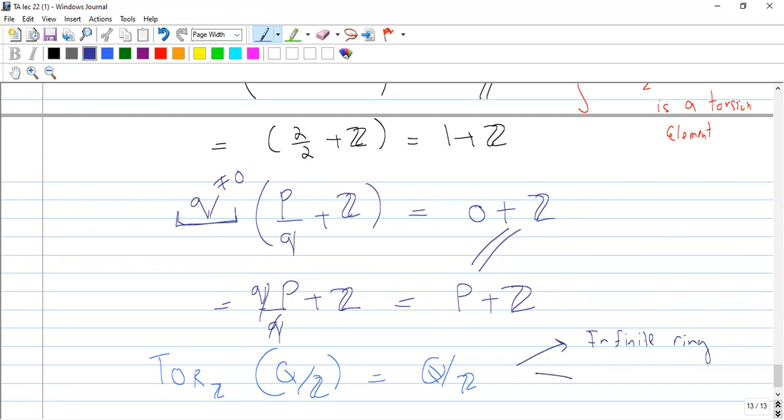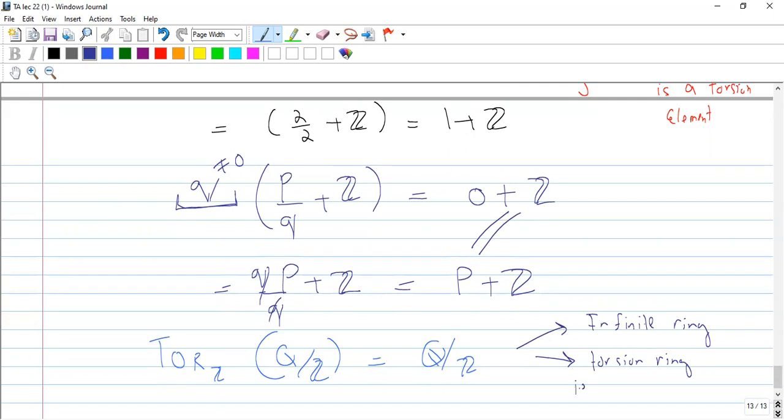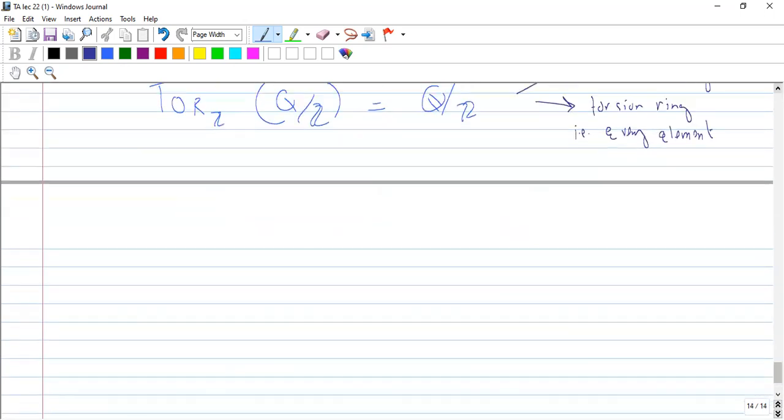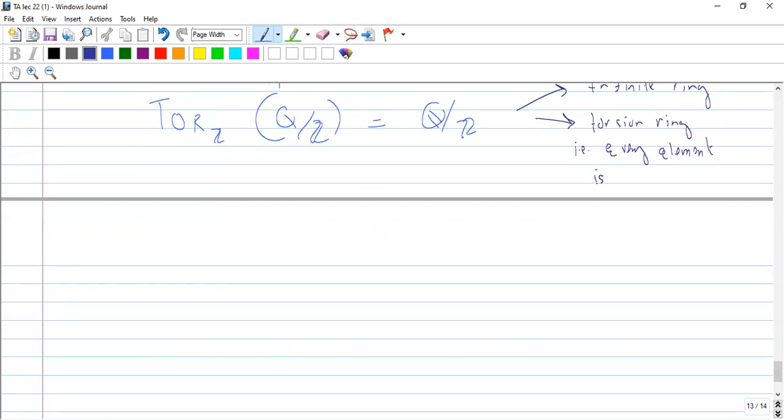But this is a torsion ring. That is, every element is a torsion element. This example is a bit interesting in this sense, because usually when you are building examples of infinite rings, you don't see every element being a torsion element. But here every element is a torsion element.